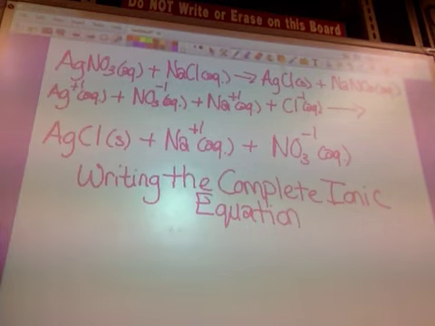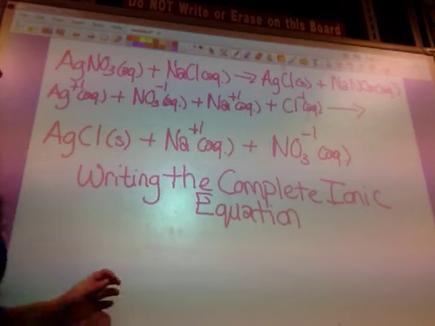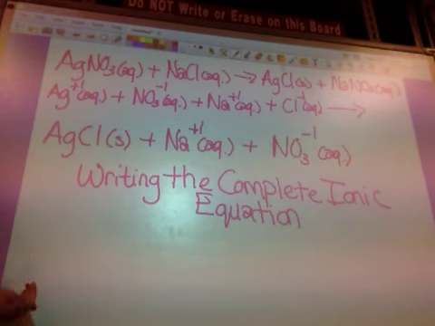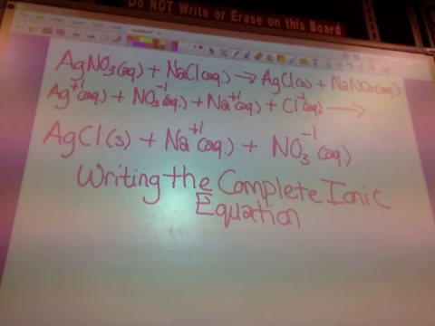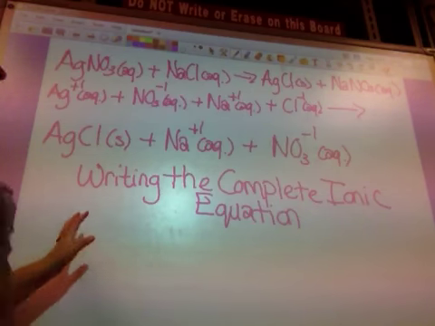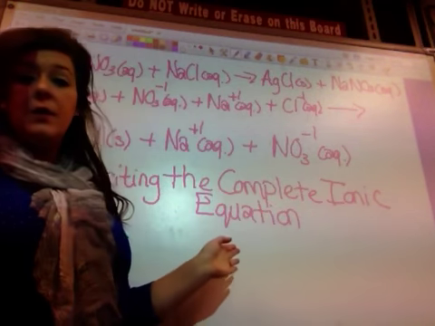What that means is when it says complete ionic equation, that means that all of my aqueous solutions are now shown as ions, and I can see every single one of my ions that's present in this reaction. So that's why we call it the complete ionic equation.